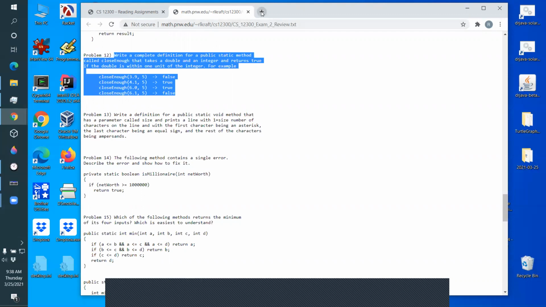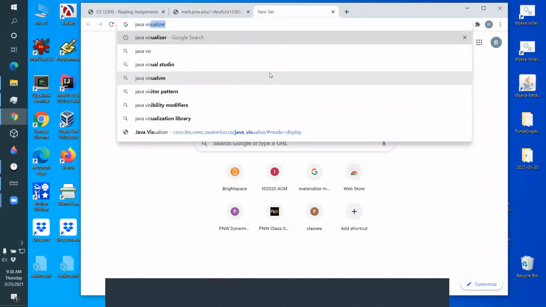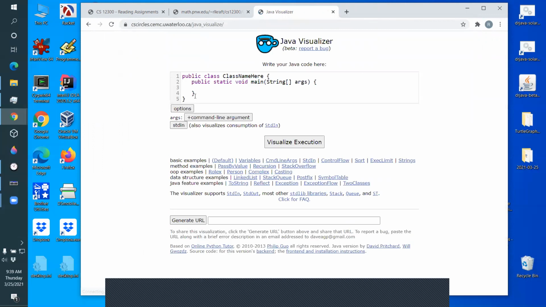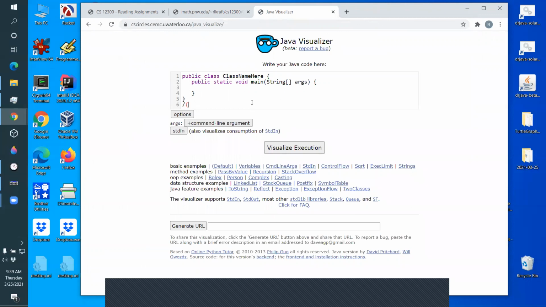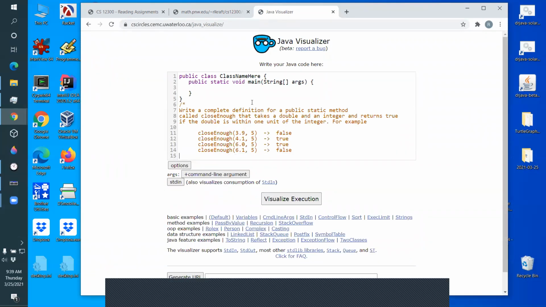If I was going to solve that problem, I'd go to Java Visualizer. A good idea is to just paste the problem in here so you can see it. Okay, so I can paste the problem in there.